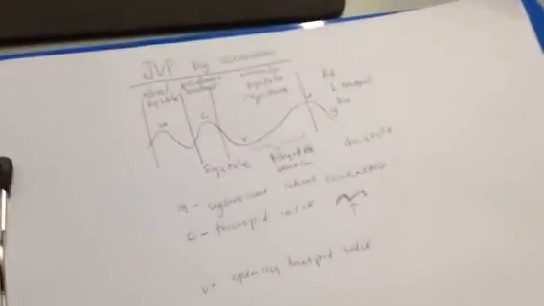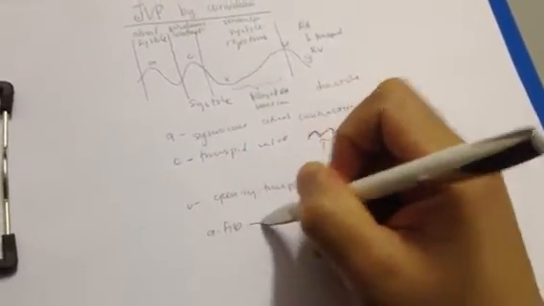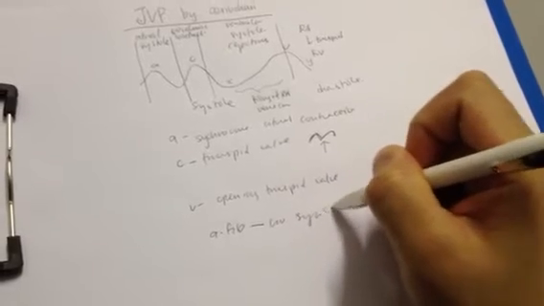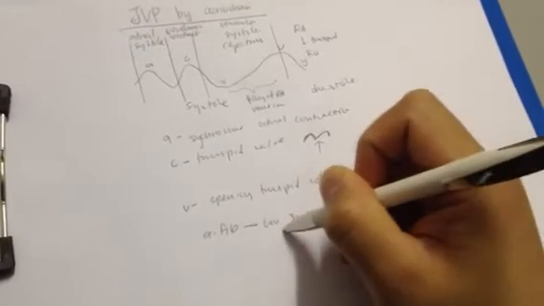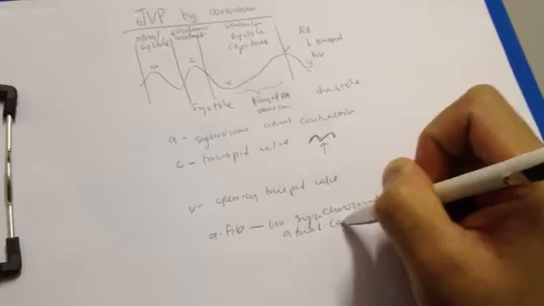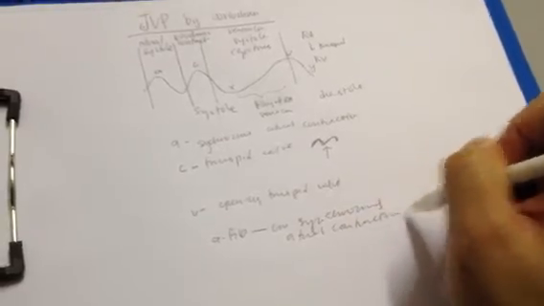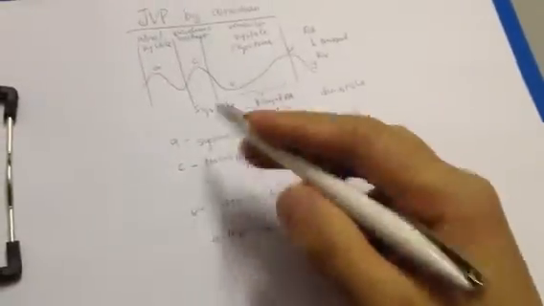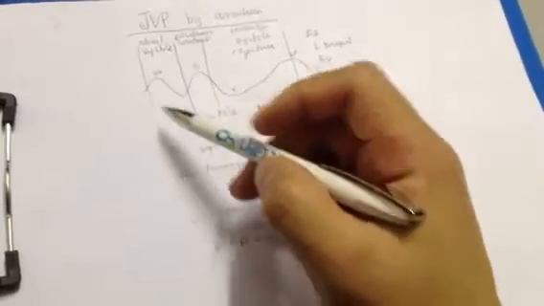Okay, we understand that. So answering Shafiqah's question, in AFib, there's no synchronous atrial contraction. So there is no A wave. The A wave is there because of the contraction, so the A wave will be flat.